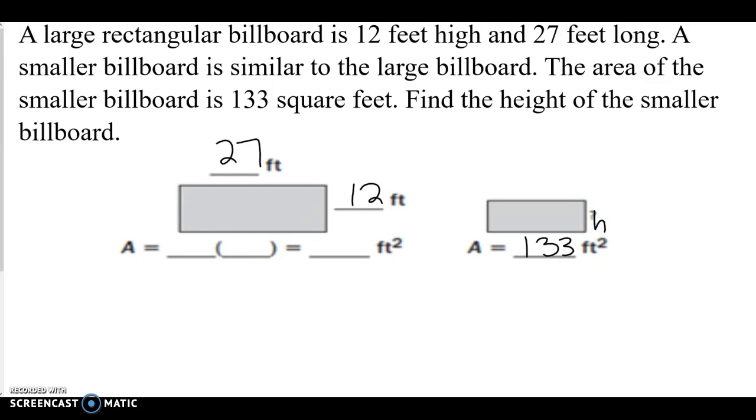Do we know the area of the bigger one? No, but it's pretty simple to find, right? It's just length times width. So 12 times 27. Put that in your calculator. Okay, 324 feet squared.